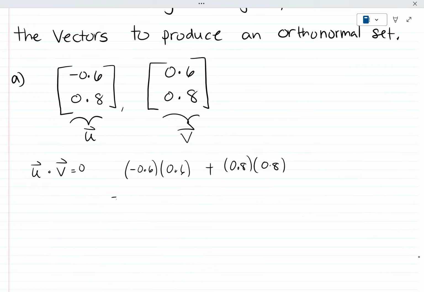And that gives me negative 0.36 plus 0.64, and that gives me 0.28, which does not equal 0, so it's not orthonormal. Okay, let's do part B.